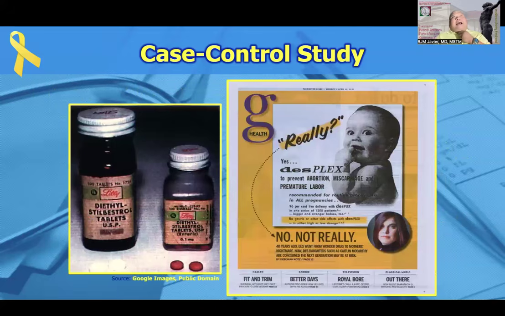I want to give you a classical example of how a case control study was utilized to establish a cause-effect relationship. During the 1950s and 60s, a new drug was introduced, the diethylstilbestrol tablets.